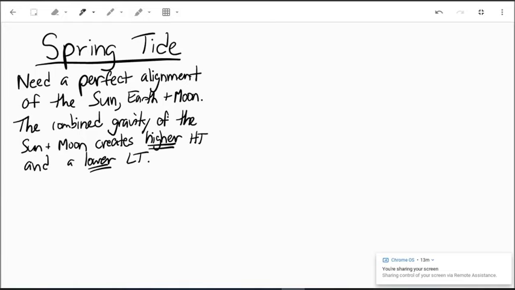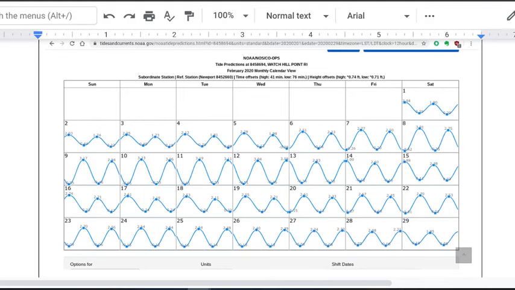So spring tide needs a perfect alignment of the sun, earth, and moon. The combined gravity of the sun and moon creates a higher high tide and a lower low tide. These are more extreme tides. So this is where you see, throughout the month, periods where the tides get a little more extreme or a little more minimal.